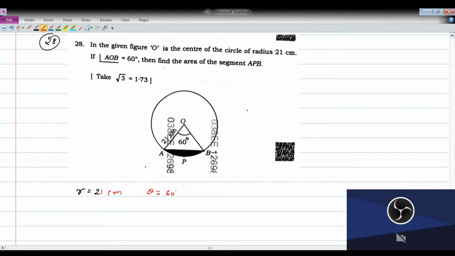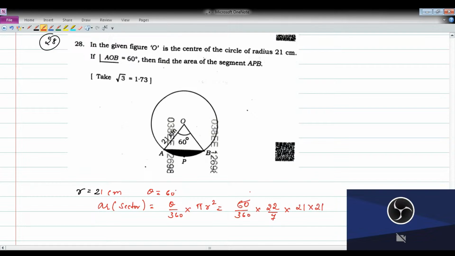As we need to find out the segment, I need to find out the sector. First I am going to find out the area of the sector. What is the area of the sector? Theta by 360 into pi r square. So theta is 60 divided by 360 into 22 by 7 into 21 into 21.